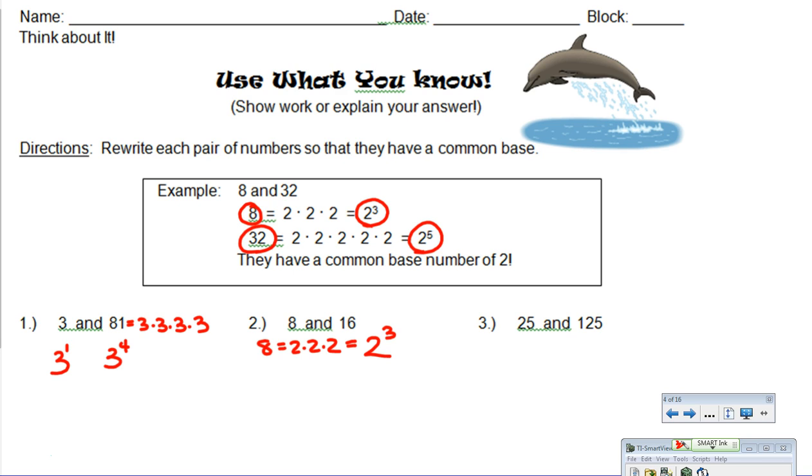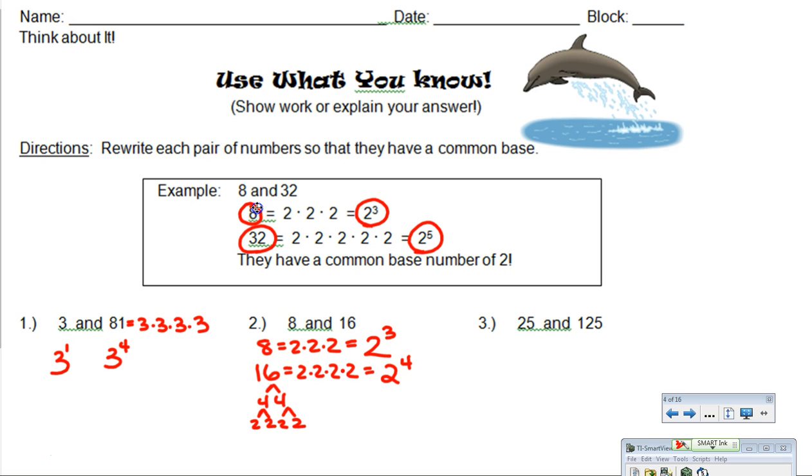And then 16 is what? 4 times 4. So that's going to be 2, 2, 2, 2. So that's 2 to the 4th power. And then we have both of them having the same base of 2.